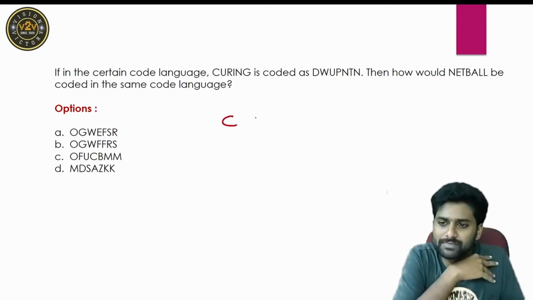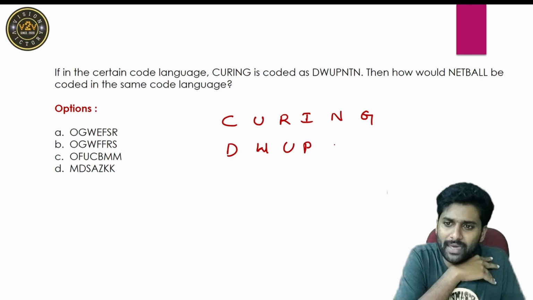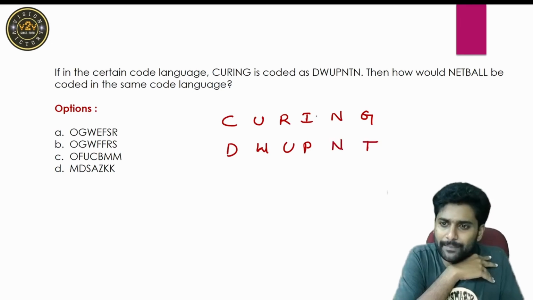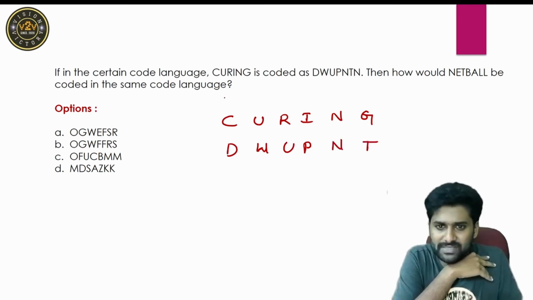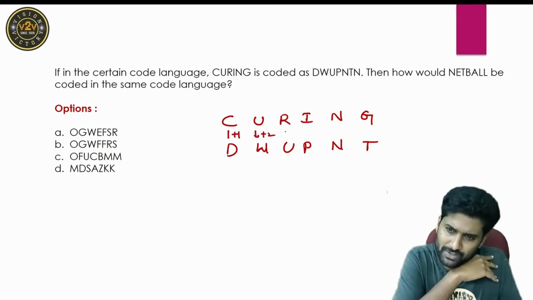Now see, CURING can be coded as DWUPNT. I think I missed something. Okay, try to identify the relation. +1, +2, +3. So R is the 8th letter in turn.